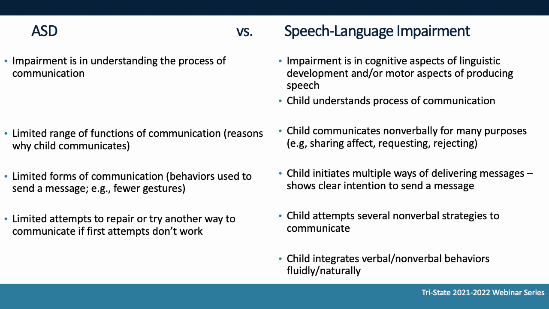So you see more persistence in trying new strategies, and you see this integration of verbal and nonverbal aspects of communication that happens more seamlessly. Whereas in autism, there are often limited attempts to repair when their message has not been received. They tend to not have a flexible way of continuing to express their intention.